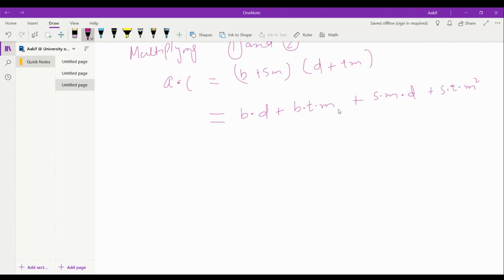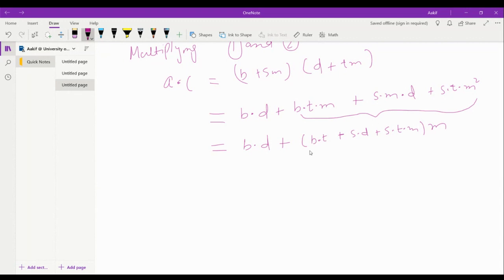Now we will take all the terms that contain M separately. So this will be equal to B times D plus B times T plus S times D plus S times T times M times M.